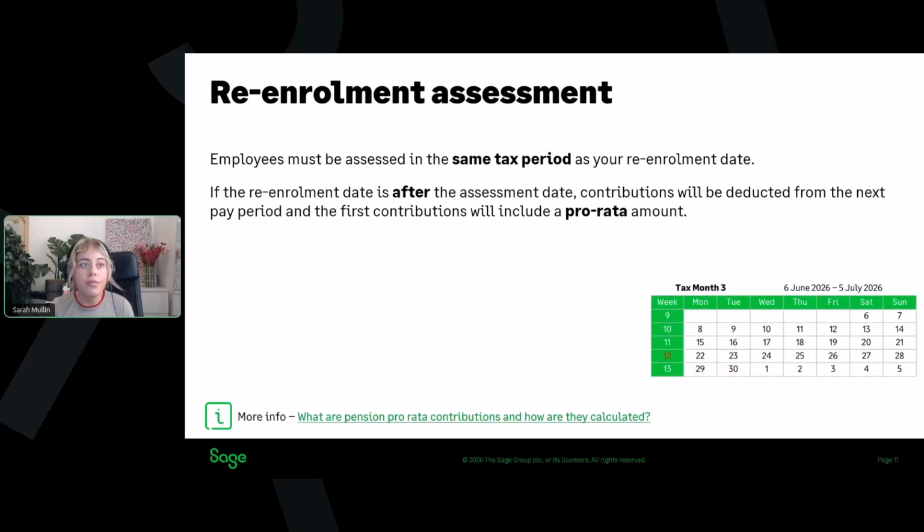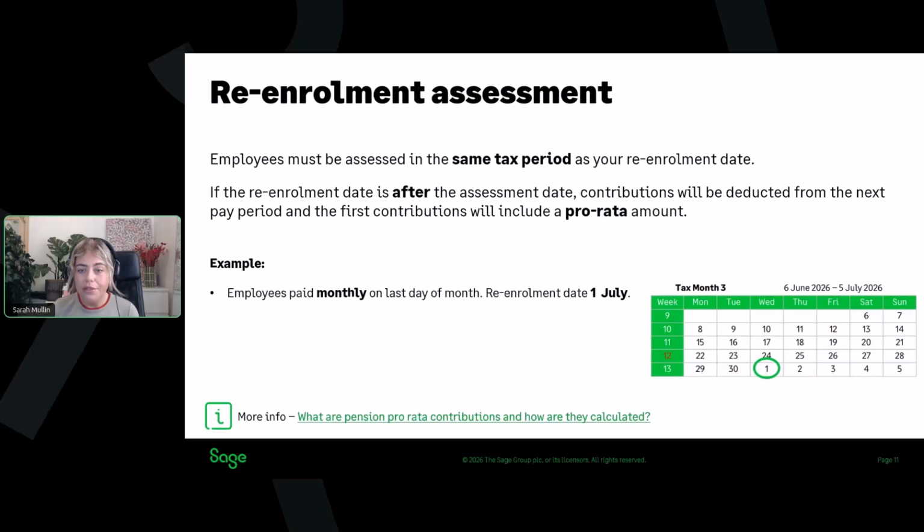And that first contribution will actually include a pro rata amount to cover that gap. Now, this is really important to know as it can throw a lot of people off. You look at the amount on first glance, it looks too high. So it can really throw a lot of people off when it does come to processing that first contribution.